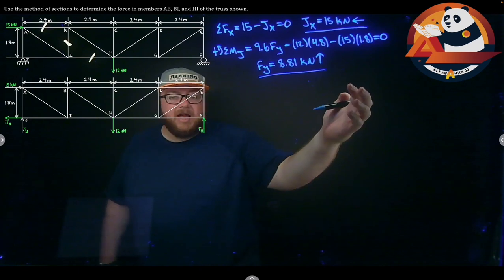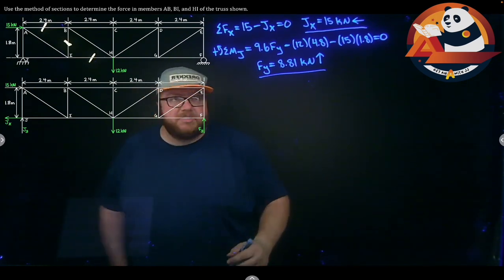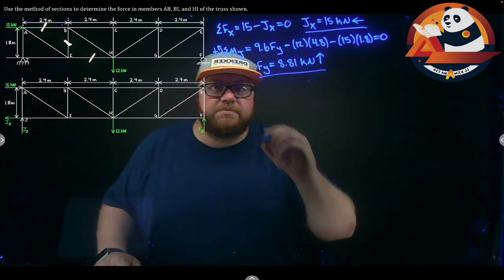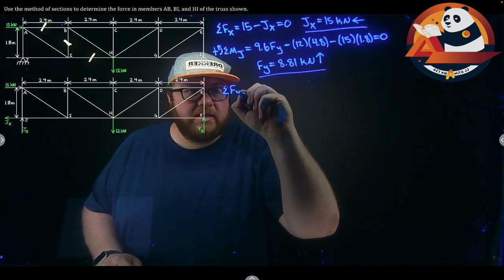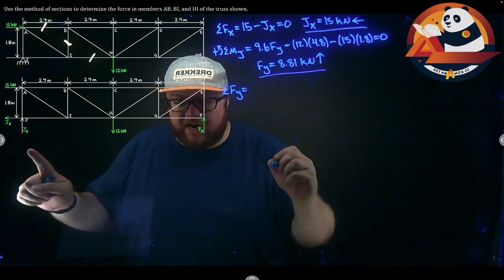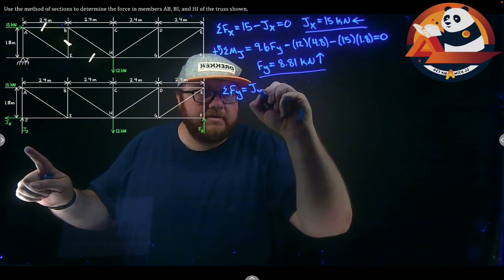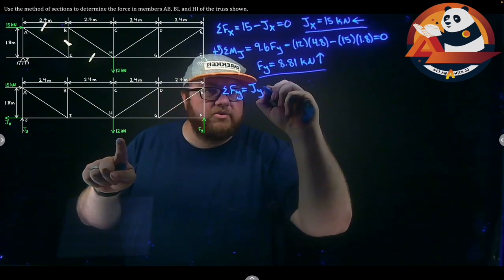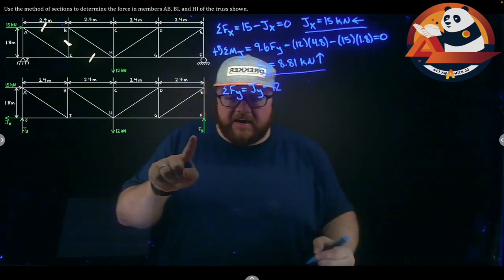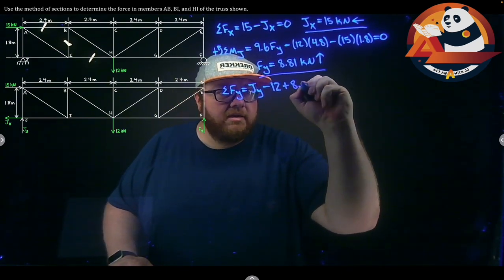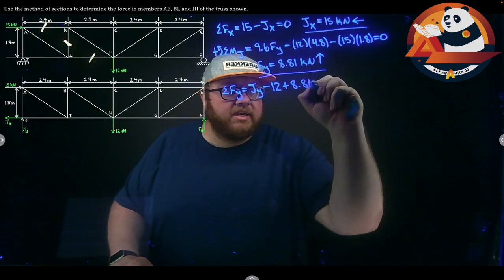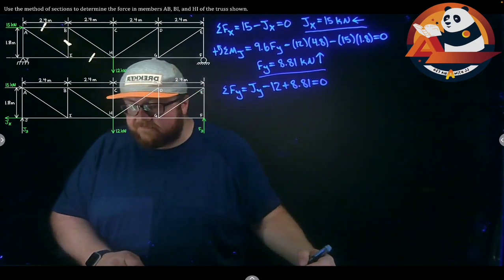And then finally, our last thing with Fy known, let's just sum forces in the Y. I'll get my final unknown support reaction, JY. Summing our forces in the Y direction, I have JY going up. I have 12 kilonewtons coming down, and I have Fy going up, plus 8.81 is going to get me to 0.